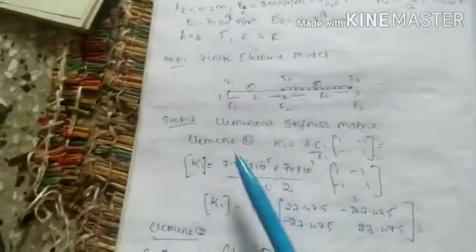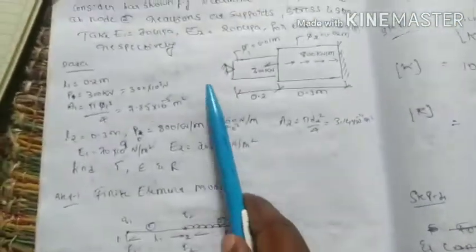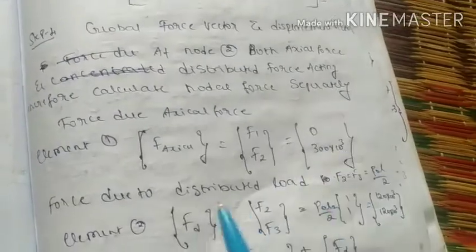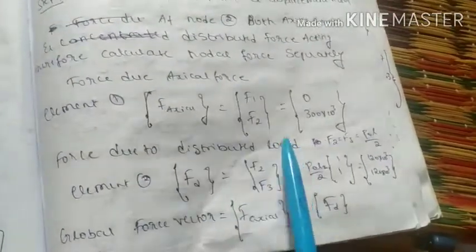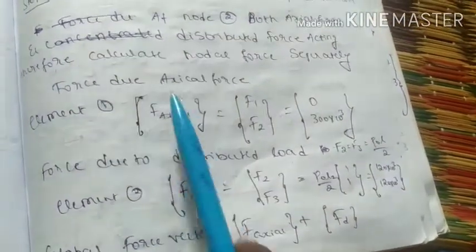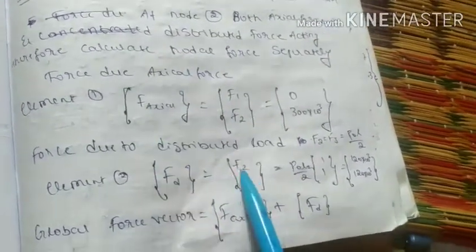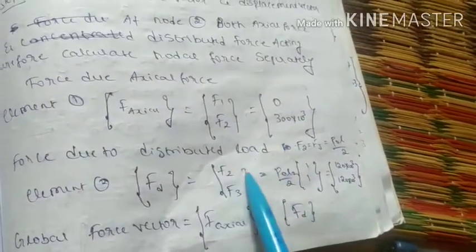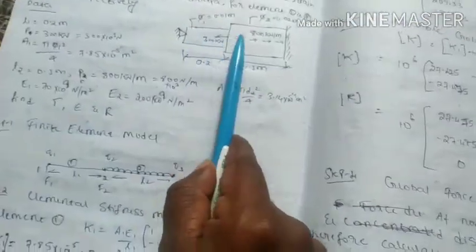F1 is 0, and F2 we can take as the axial load, that is minus 300,000. Similarly the force due to distributed load, FD, D stands for distributed, that is F2, F3. Again F2 is due to the distributed load. As I told, it is uniformly acting.